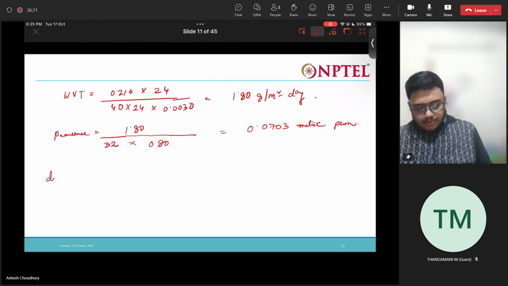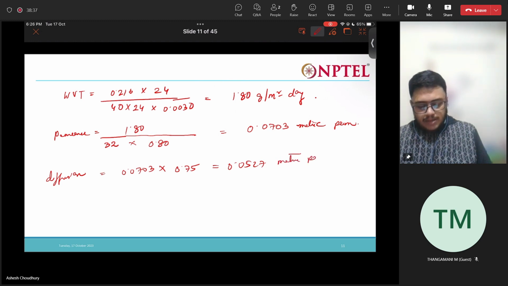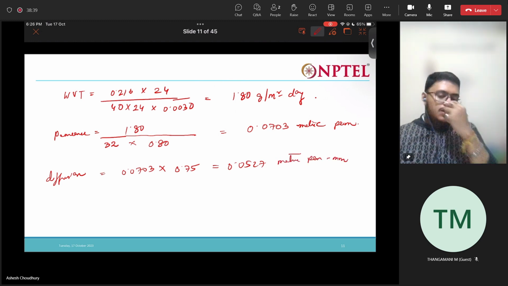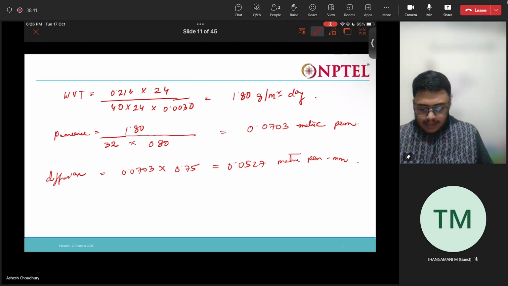Then last we have diffusion. This is permeance into thickness. So 0.0703 into 0.75. This will come out as 0.0527 metric perm per mm.